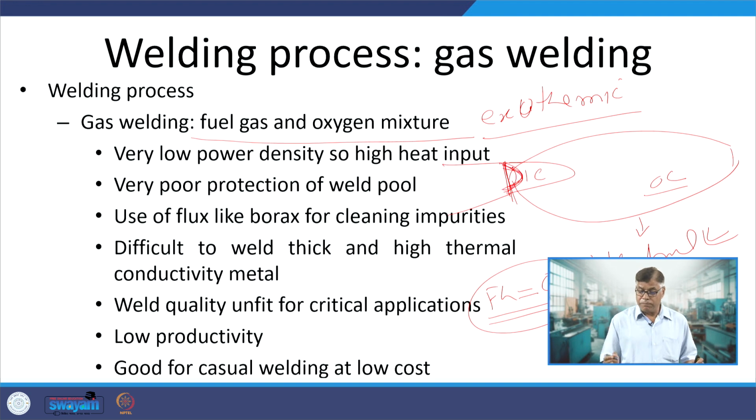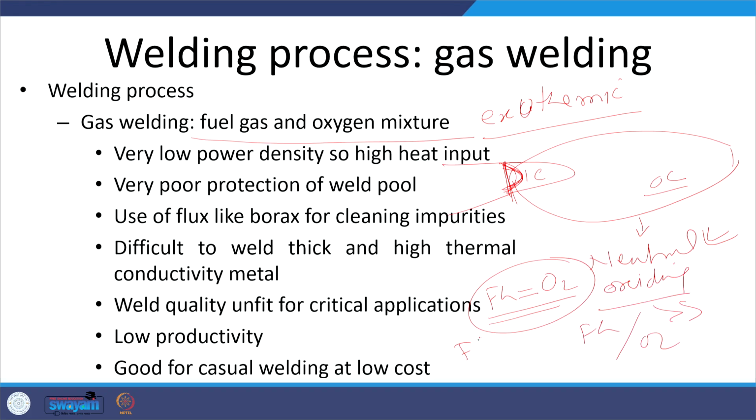So, three cones are primarily observed in case of the carburizing flame. But if the fuel gas to oxygen ratio is less than 1, meaning the oxygen is more than the fuel gas, then we get the oxidizing flame, and the oxidizing flame will also have two cones. Okay. So, that is about the kind of difference.